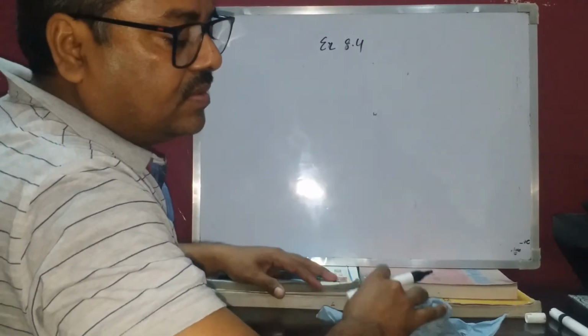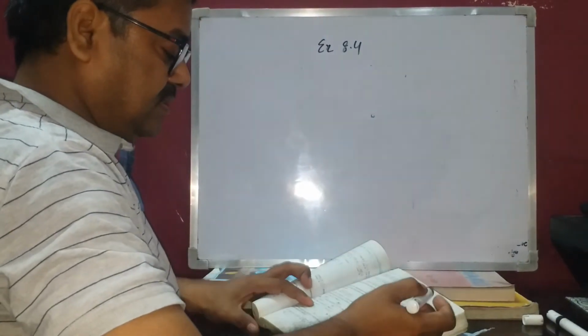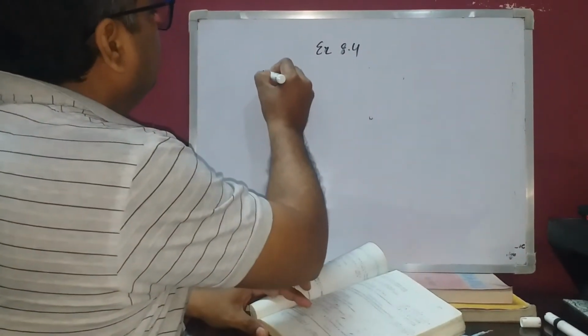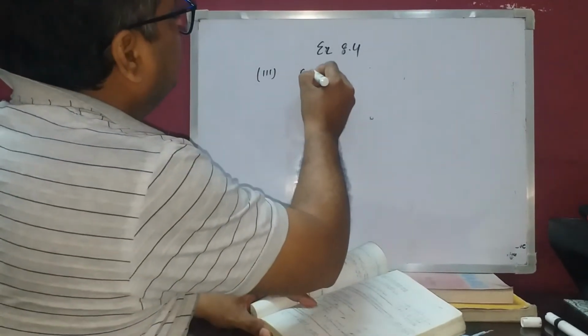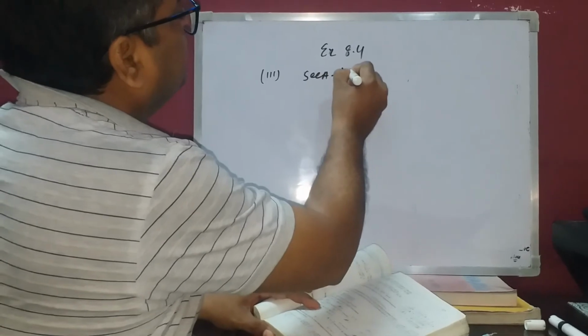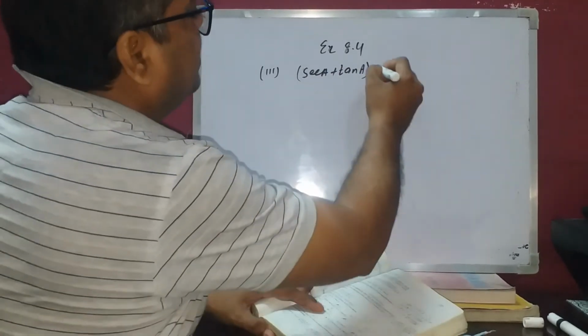Now the third part is saying (sec A plus tan A) and (1 minus sin A).